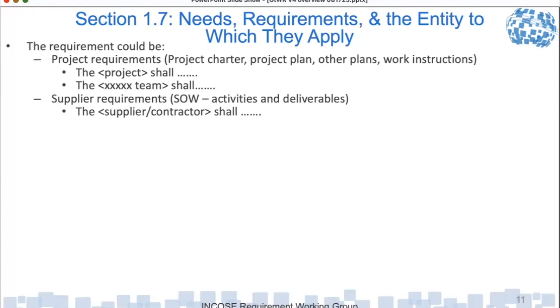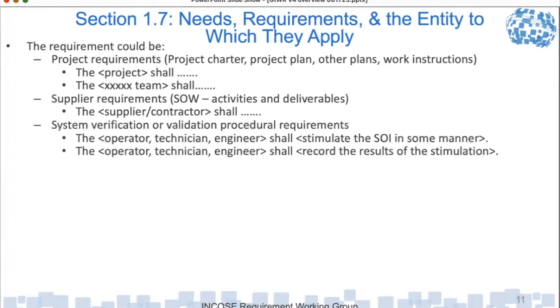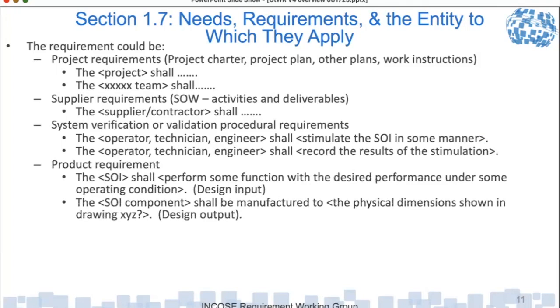And so the supplier contractor shell, and it focuses on activities and deliverables that is expected of the supplier contractor. But then we have also requirements on how we're going to do verification validation. And we call these verification validation procedural requirements rather than verification requirements and validation requirements, to make it really clear what you're really communicating. And then we have the product requirements, which a lot of us are really focused on.